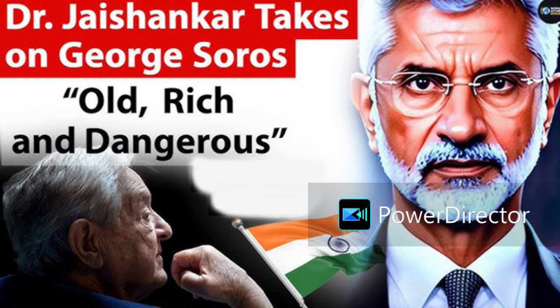In February 2023, American investor and philanthropist Mr. George Soros criticized Indian Prime Minister Shri Narendra Modi for his alleged Islamophobia, cronyism, and authoritarianism.